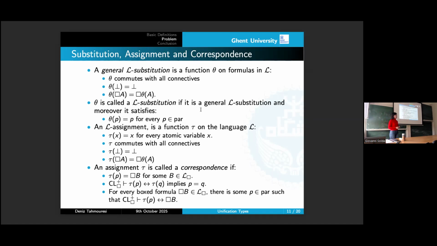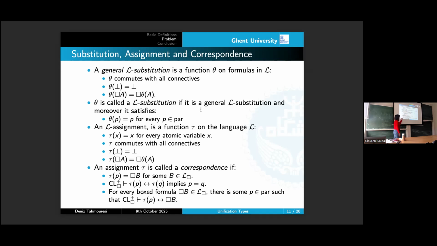And we also define an assignment. An assignment is also a function, but this time it is the identity on the variables. As before, it commutes with all connectives and everything, but it is going to change the parameters. That's the difference between this one and the previous one.